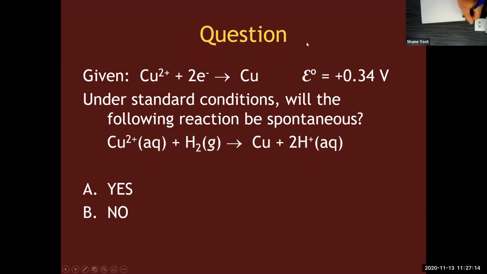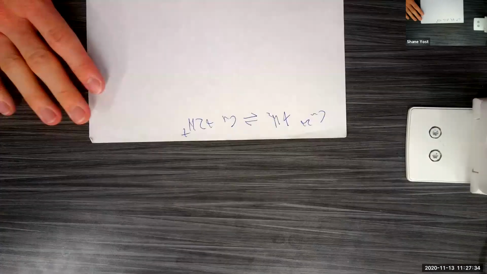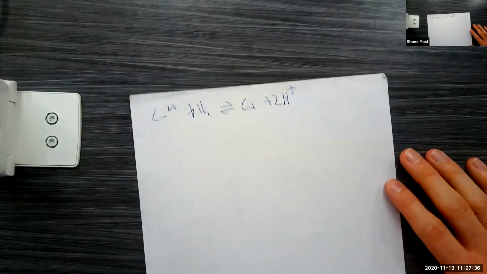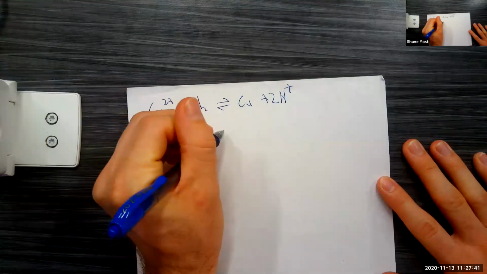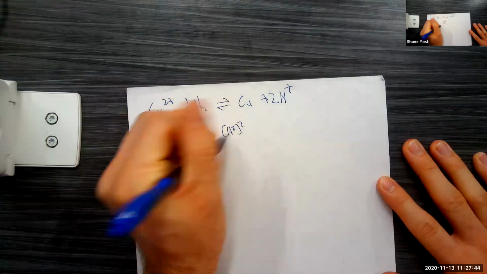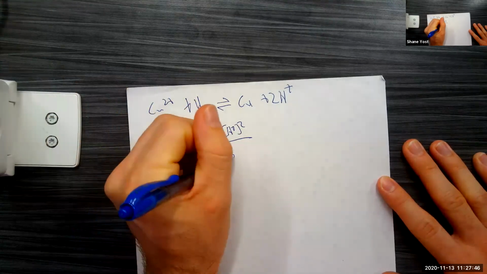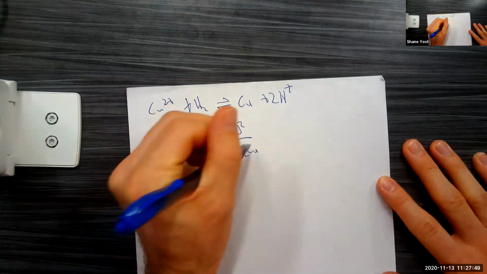Cu2 plus. So we have that electrochemical reaction, inverted. The Q for this reaction is going to be H plus squared over H2 times Cu2 plus.